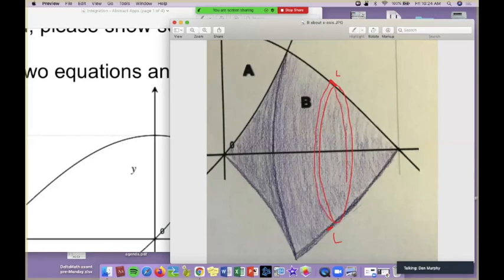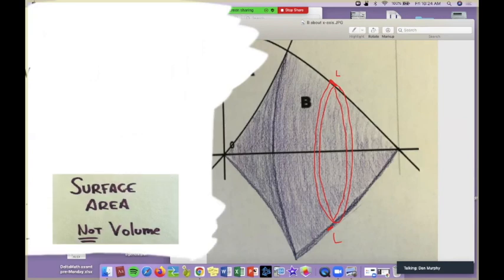You can hopefully imagine it's like a ring on a barrel. So what we're looking at, if we want the volume of this thing, the volume is going to be, we've got that length, and that length travels around a circumference.